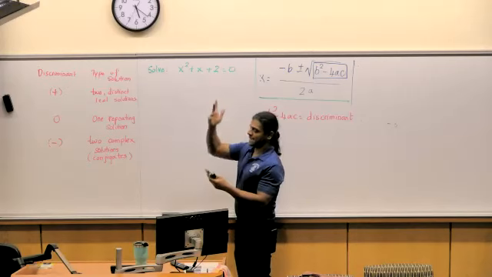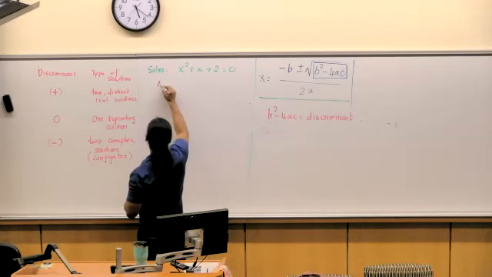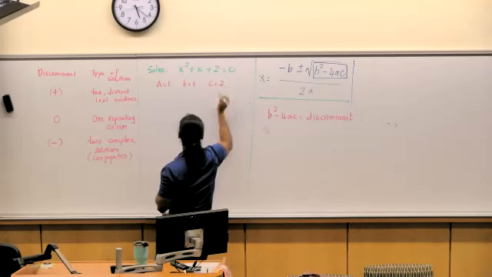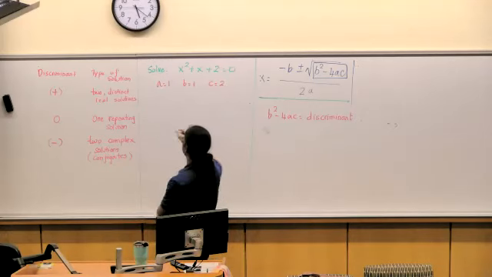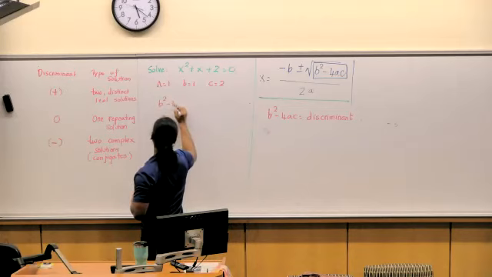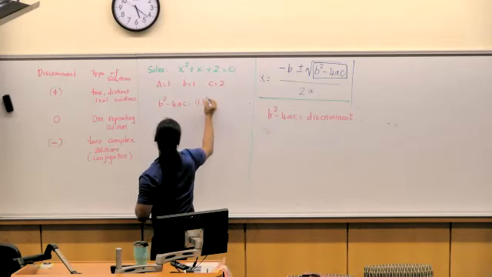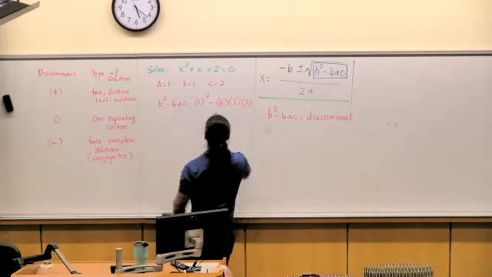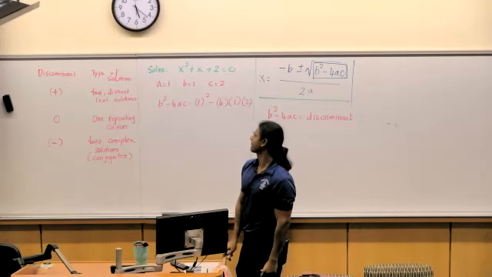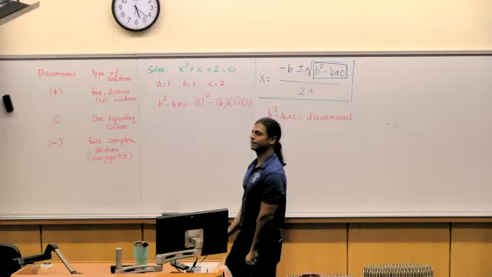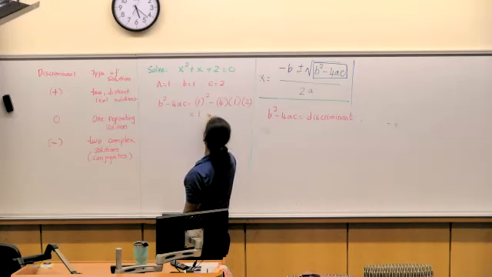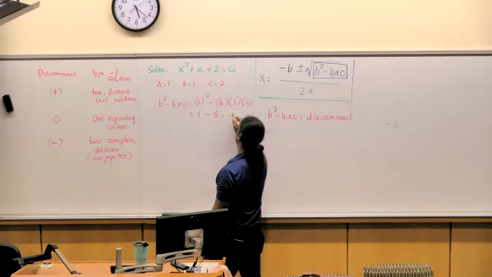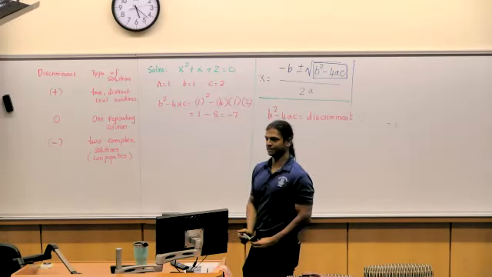So what is A? 1. What is B? 1. What is C? 2. B squared minus 4ac. 1 squared minus 4 times 1 times 2. 1 minus 4 times 2, 8. 1 minus 8 is negative 7.